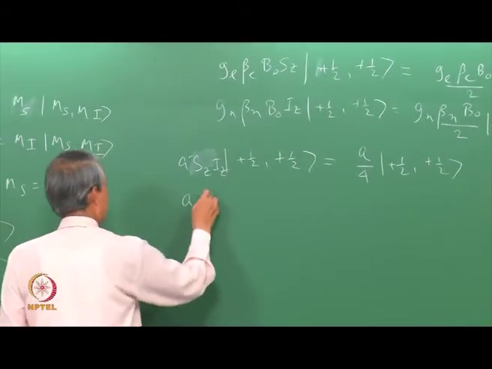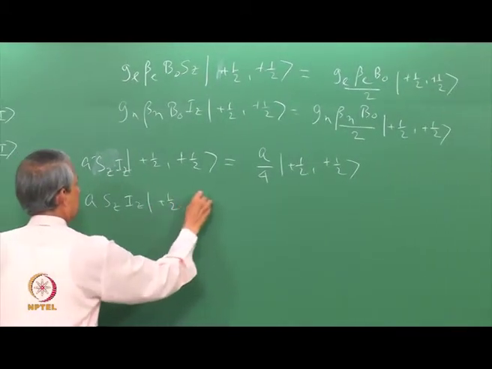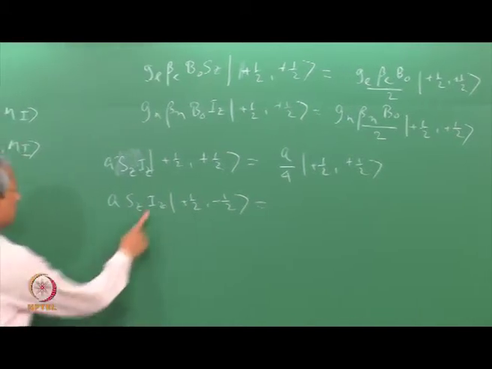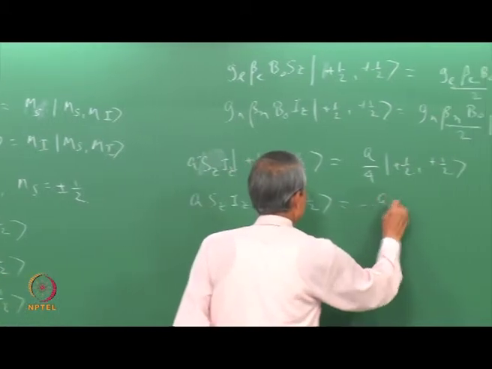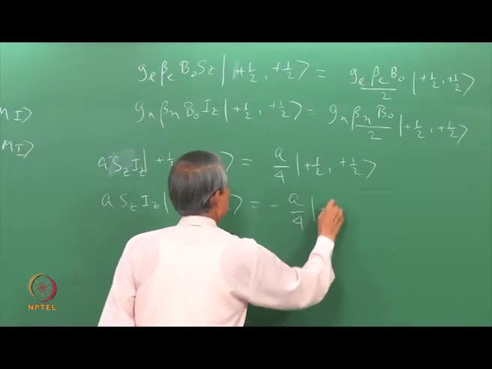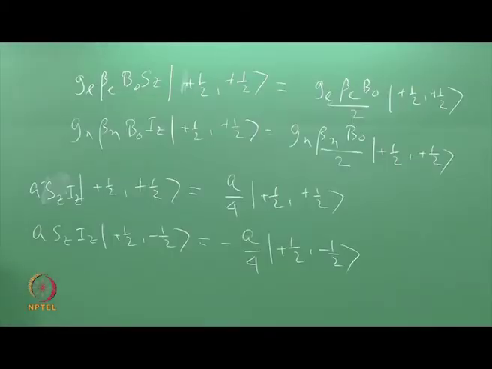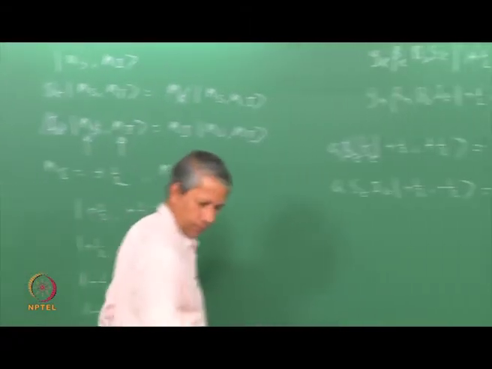Suppose we have another one, plus half minus half. So, this operating on this gives plus half, this operating on this gives minus half. The net resultant will be minus A by 4. This way we can find out all possible energies of the 4 states. So, these are given here.